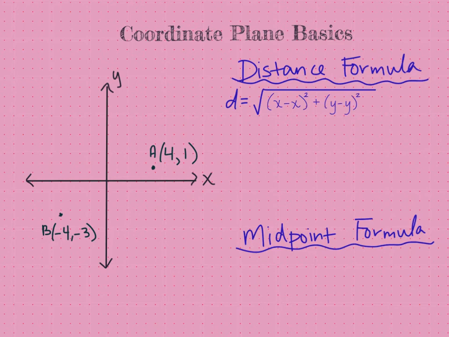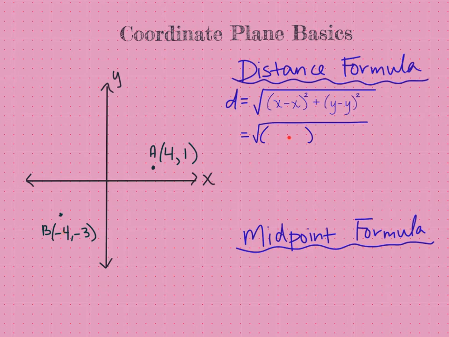It's pretty straightforward. So D is distance, so the distance will be, we're going to first subtract our x values, and our x values are 4 and -4. Now, the order that you're subtracting these does not matter, and that's because you're going to square them anyway. So whether or not we do -4 minus 4 or 4 minus -4 and get -8 or 8, doesn't matter.